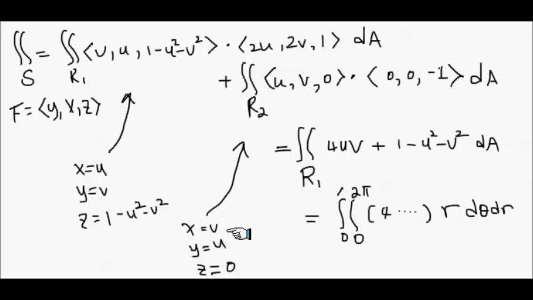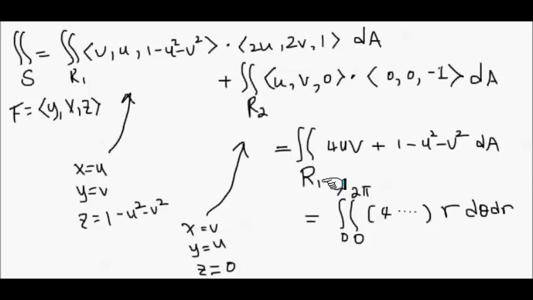Remember, we swapped u and v so that it's consistent with the orientation there. So y is this time just u, x here is v, and z here is 0. But the orientation, the unit normal vector, happens to be 0, 0, -1, so the dot product is just 0. So we only pick up the R1 part here, which is this one.